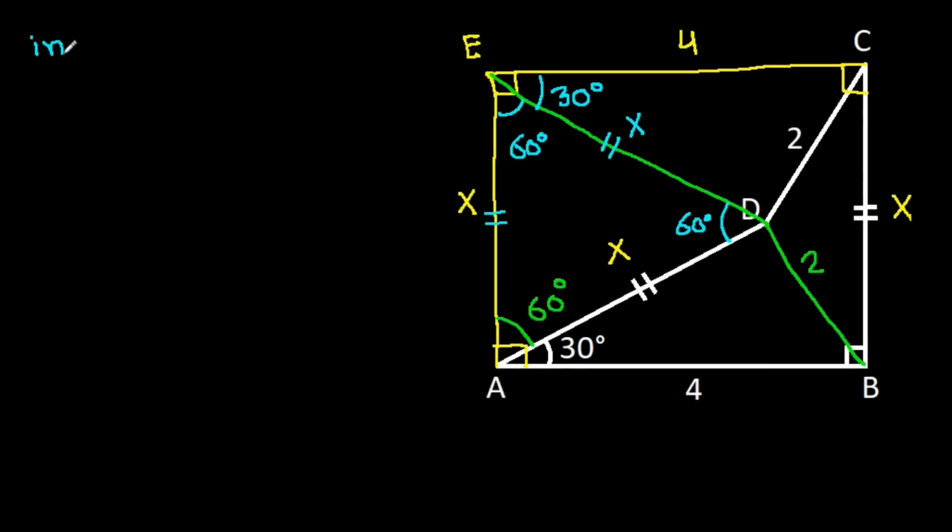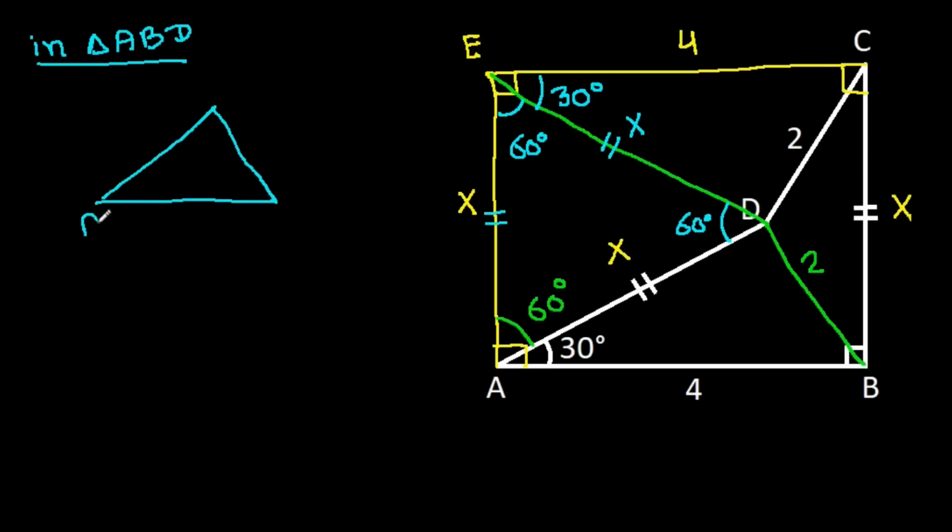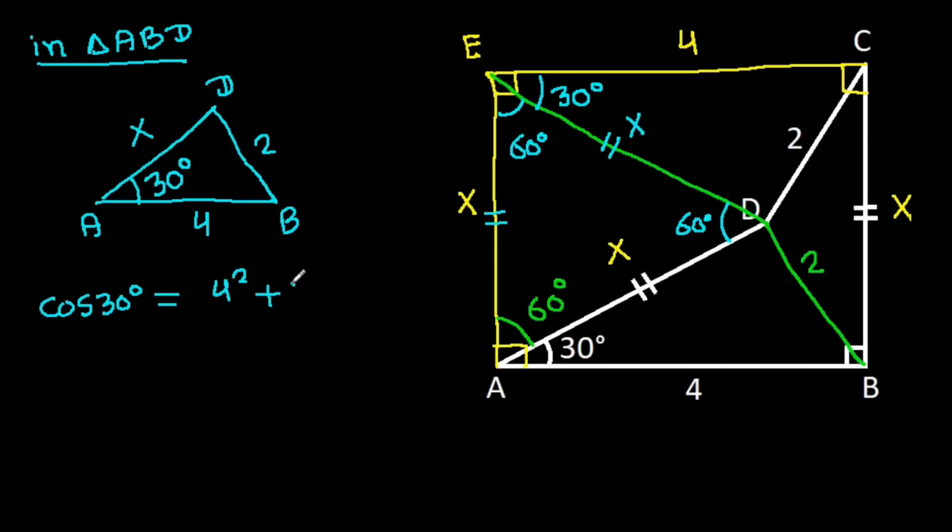Now in triangle ABD, AD is X, AB is 4, BD is 2, and this angle is 30 degrees. So cos 30 degrees will be equal to (4 squared plus x squared minus 2 squared) by (2 times 4 times x).